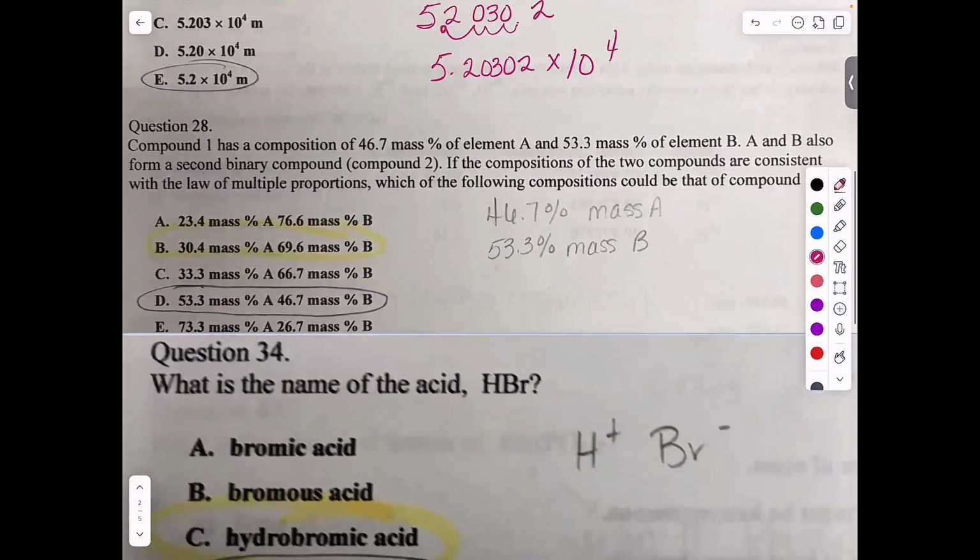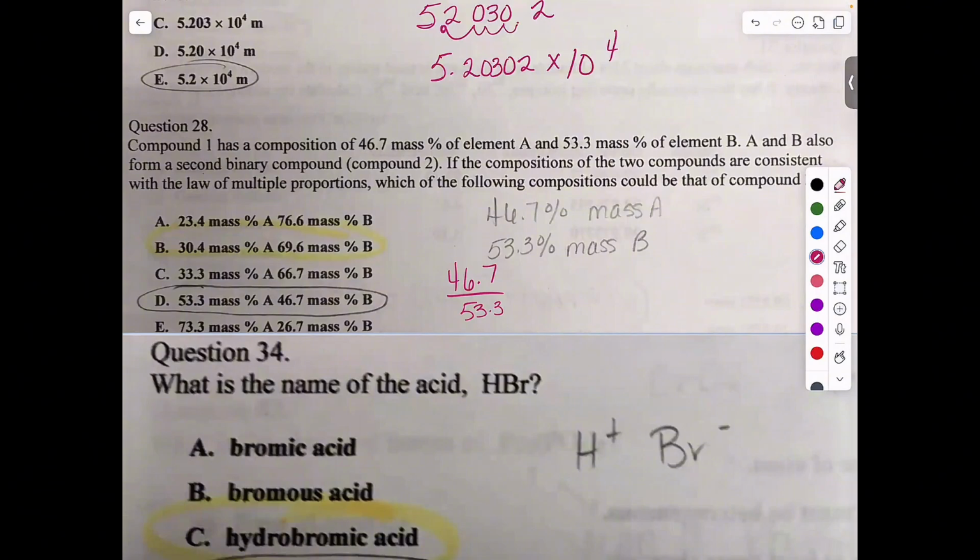Final answer there. Question 28. This one, all we have to really do here is look at the ratio. Look at the ratio of mass A to mass B and compare it to the other ones.